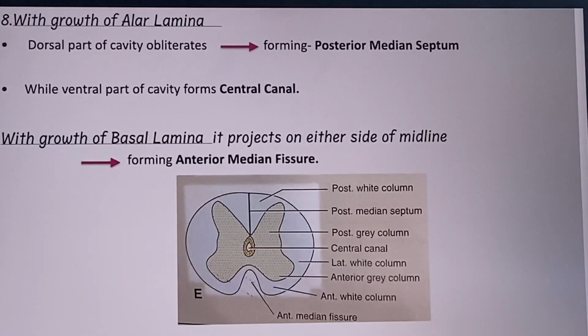Now with the growth of the alar lamina, the dorsal part of the cavity obliterates and forms the posterior median septum, while the ventral part of the cavity remains patent and forms the central canal. But with the growth of the basal lamina, it projects on either side of the midline. You can see the growth projecting on either side of the midline, which is basically forming the anterior median fissure now.